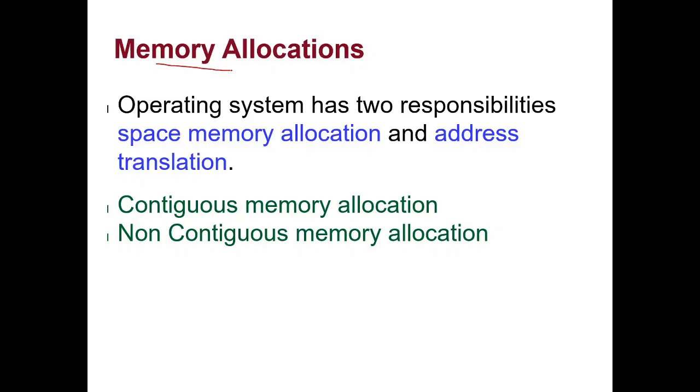Next we will see memory allocation. The operating system has two responsibilities: space memory allocation and address translation. We have already seen how address translation works from logical address to physical address. In space memory allocation there are two types: contiguous memory allocation and non-contiguous memory allocation.